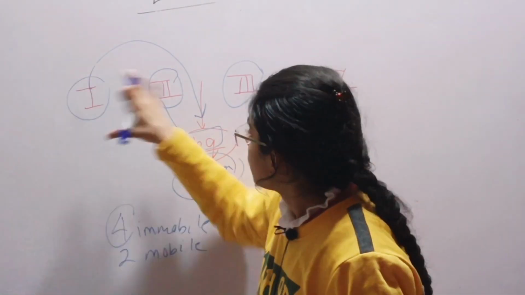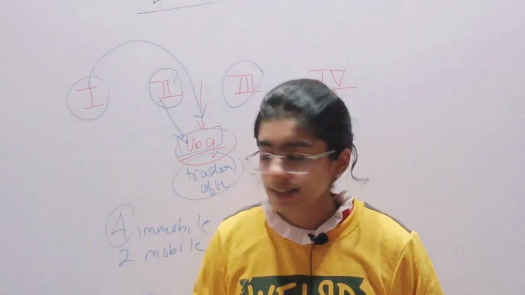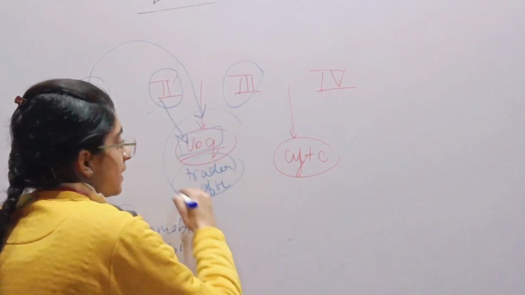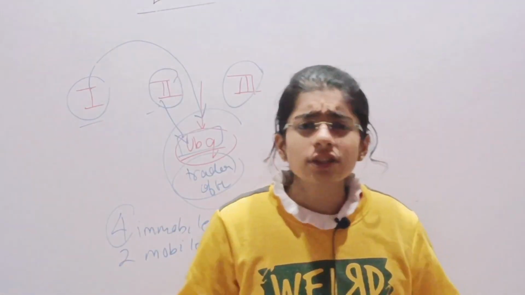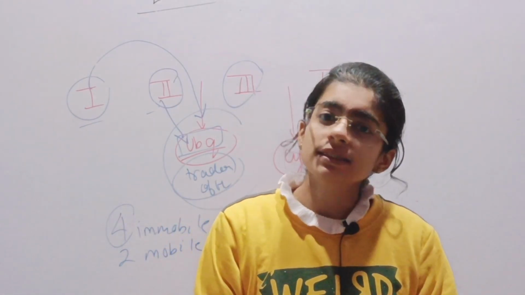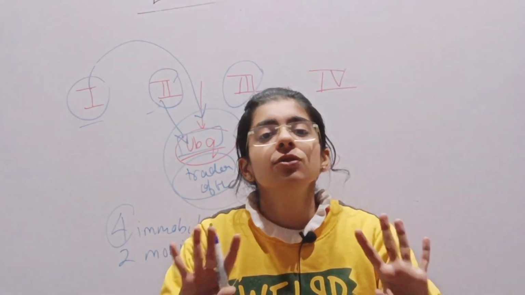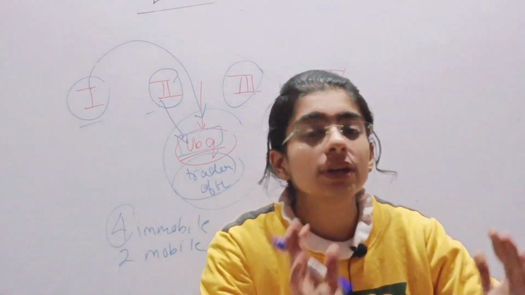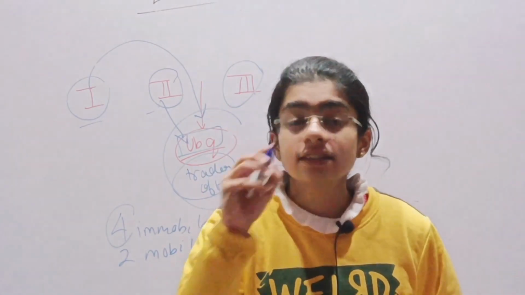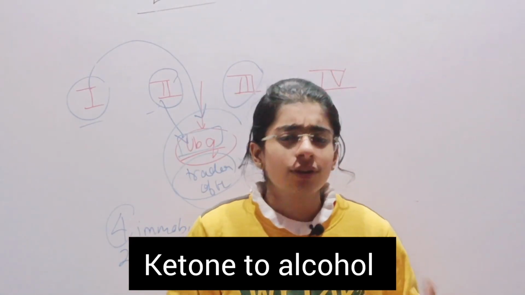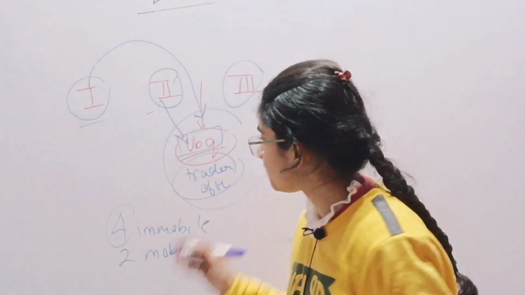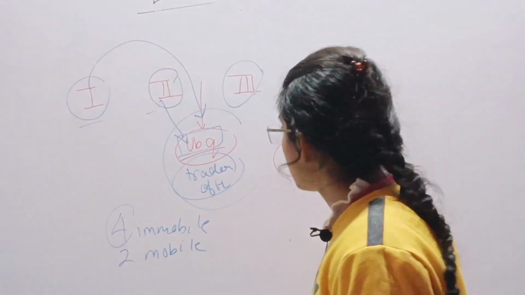So ubiquinone will take hydrogens from these small traders 1 and 2 and collect it itself. When ubiquinone is full of hydrogens, when his godowns are filled with hydrogen, it is itself reduced to ubiquinol. Just note that ubiquinone is a ketone, and when it is reduced, what will it form? Alcohol, ubiquinol. Okay, so ubiquinol is formed here.